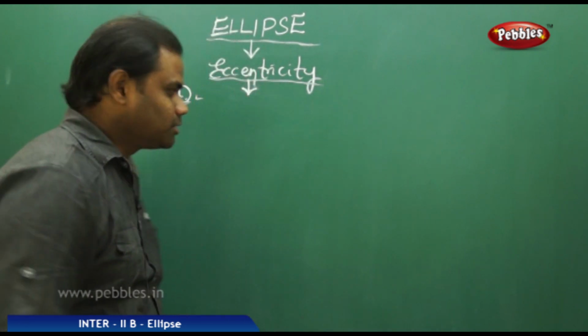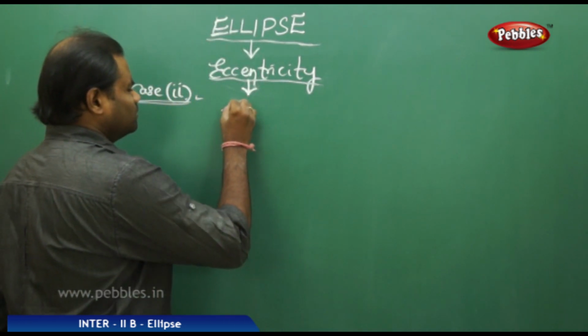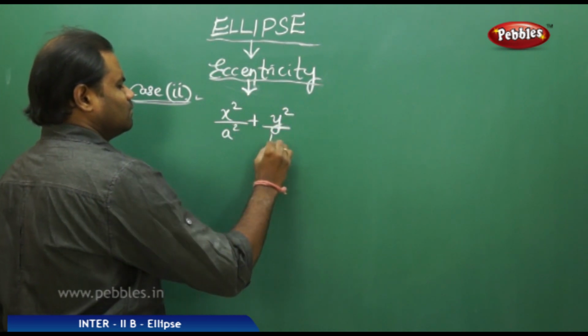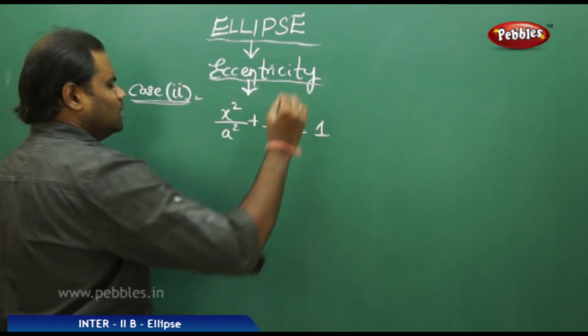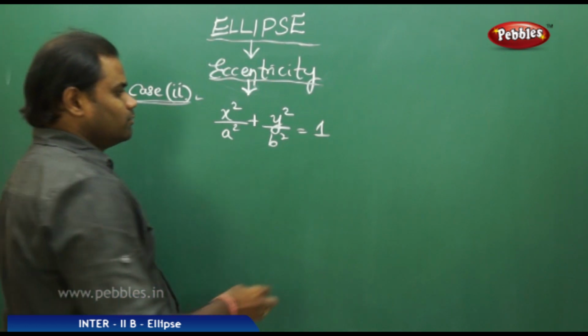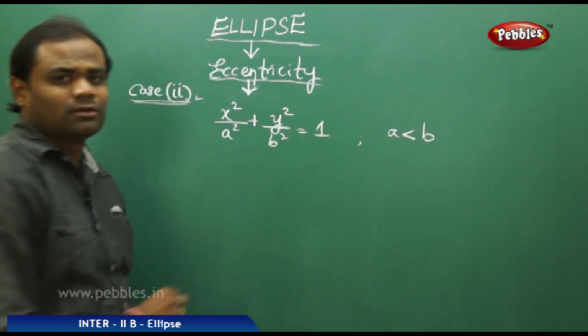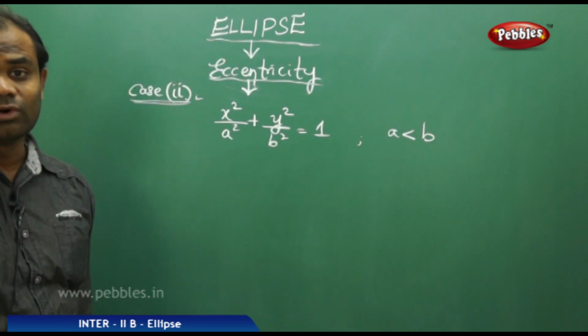Now for the equation of ellipse in standard form, where I have case 2 with a less than b, let's see how we get the eccentricity formula.